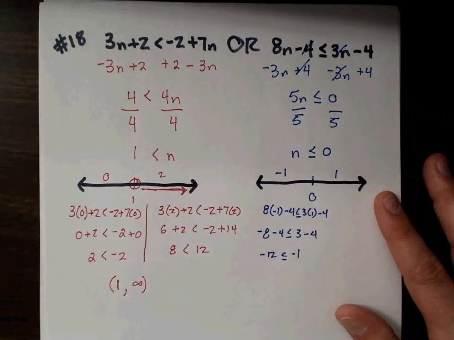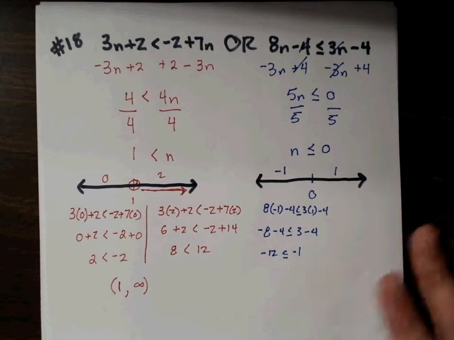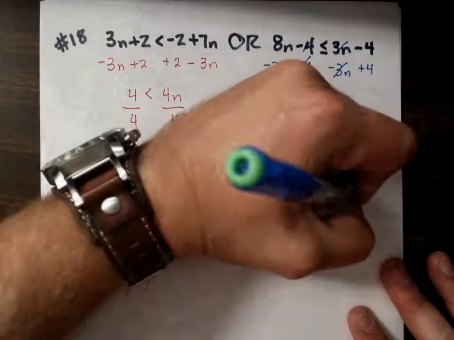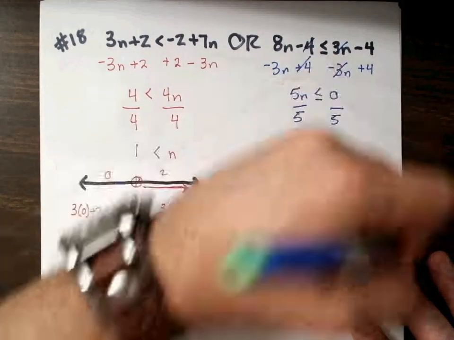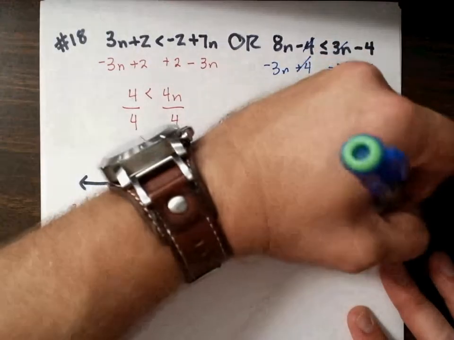Is that true? Yes. That is true. All right, so since that one's true, we can skip the other one, which I know most of you have. I wouldn't do that. I would check it to see if my math was correct. And so I'm going to move to the other side, and I'm going to check +1. It's going to be 8 times 1 minus 4 less than or equal to 3 times 1 minus 4.